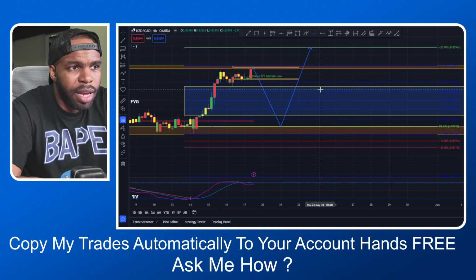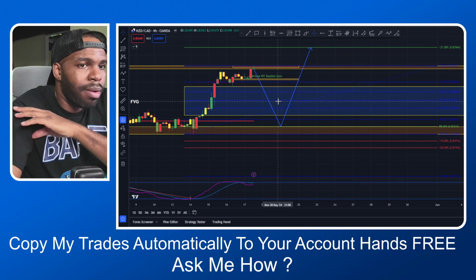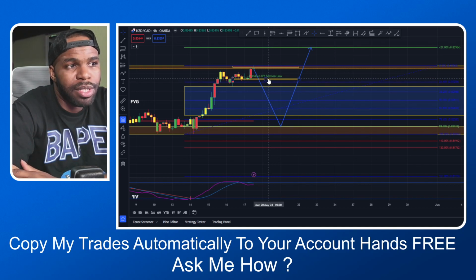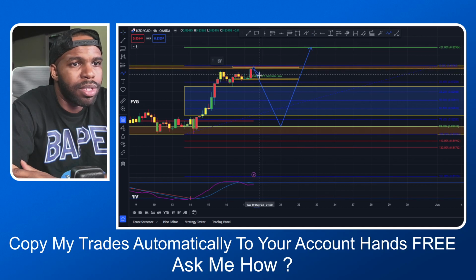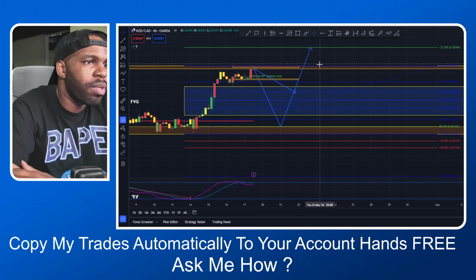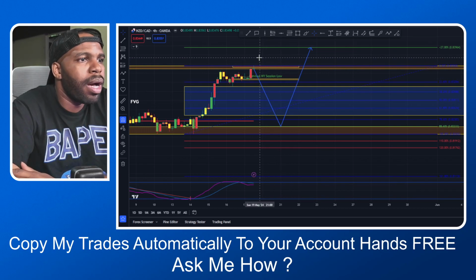It could reject these areas. So if you're gonna ride it down, just be cautious. Make sure that you're paying attention and managing that trade, because price could come down to the 38.2 and then start going up. Okay, so be mindful of that. But you can try to ride it down to at least the 61.8. Okay. All right.